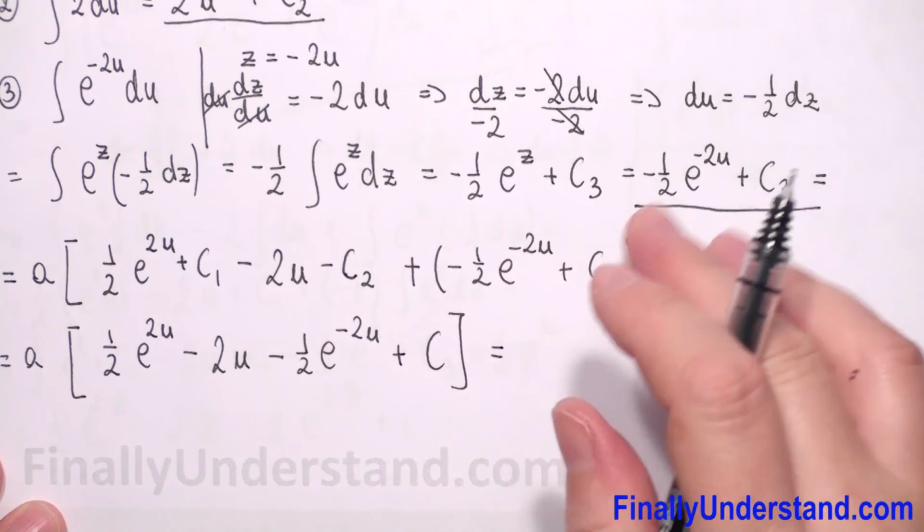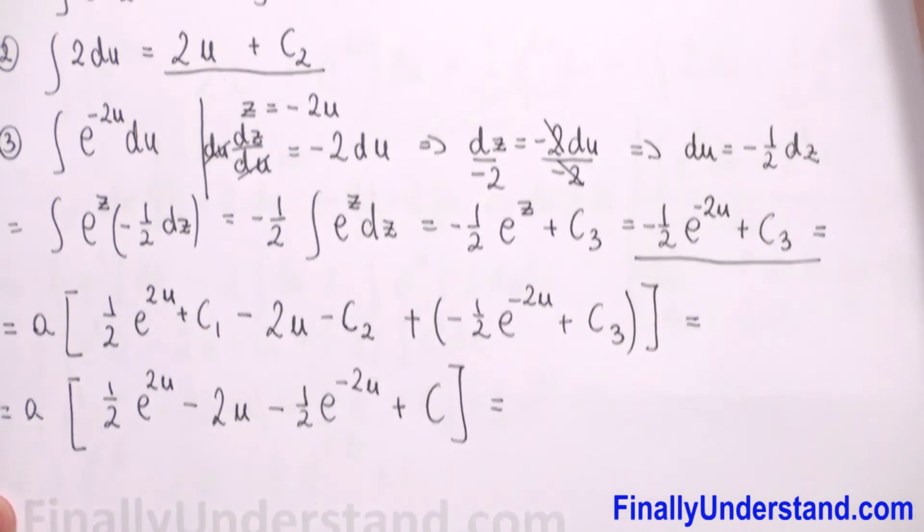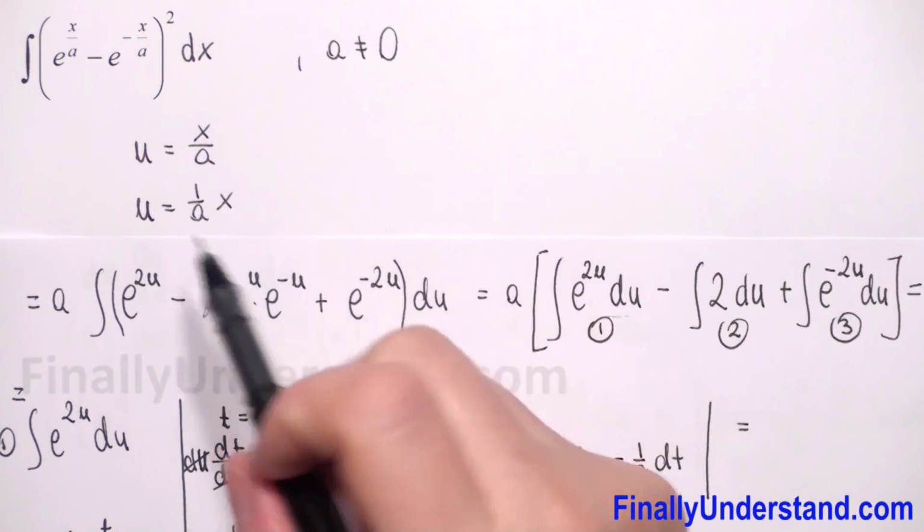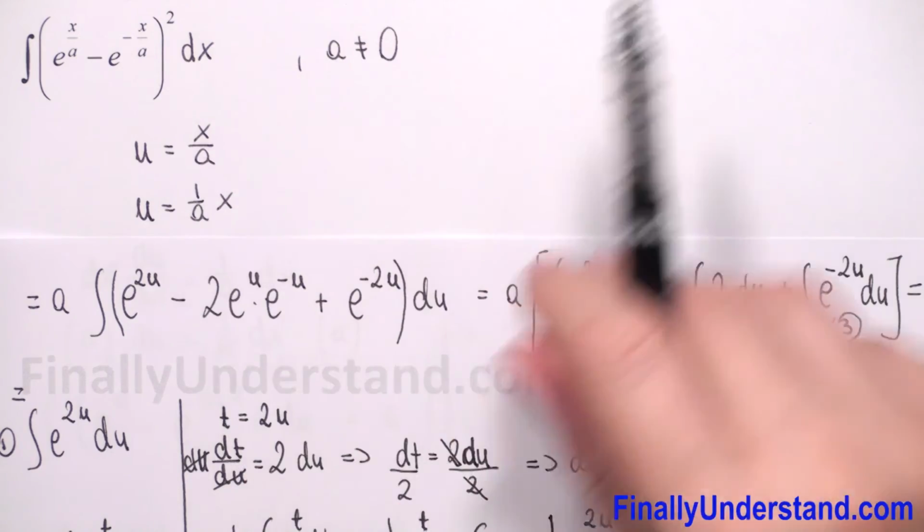Now we have to come back to our substitution. The first substitution at the beginning, u is equal to x over a.